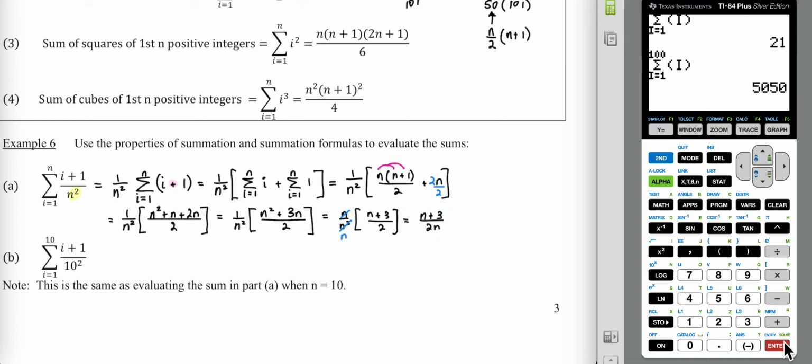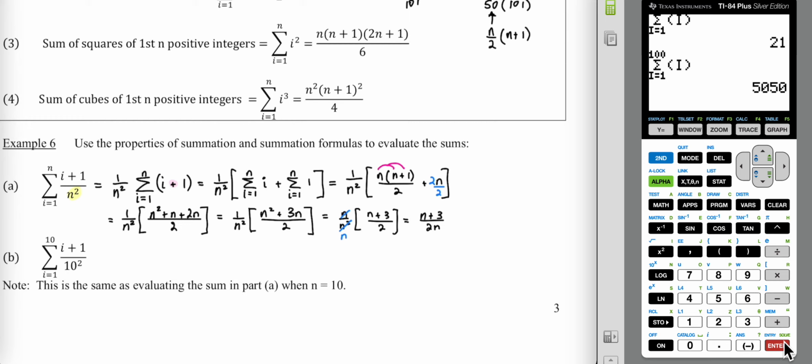All right, so then you look at part B. It's the same set of ingredients, really, or at least, let me be fair about it, same structure, right? But then you see that the n values are replaced with 10s. Well, we have a simplified form for the entire expression in part A, so why not use that?